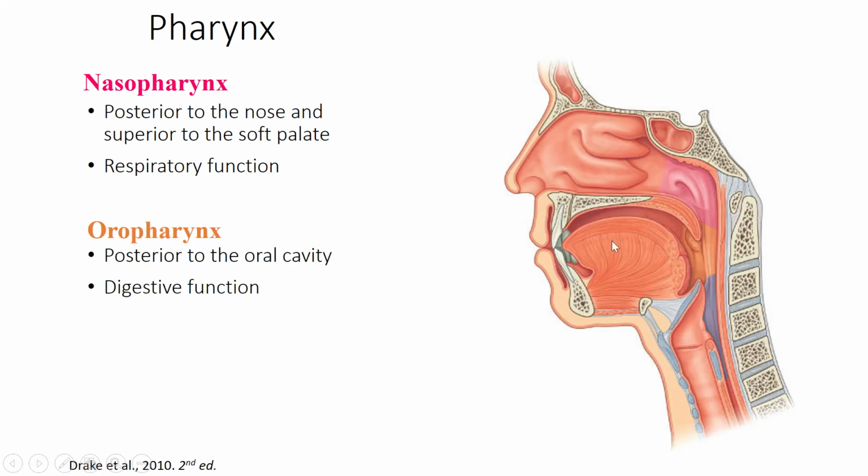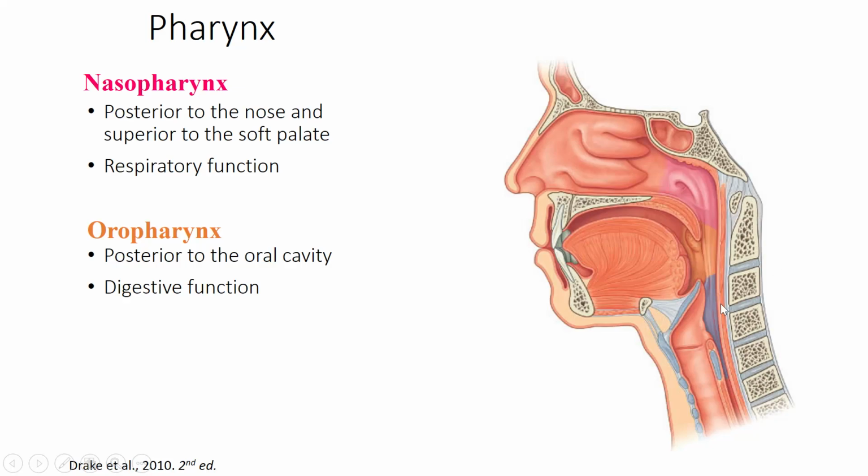The oropharynx is located posterior to the oral cavity, and will go from the tip of the uvula until the tip of the epiglottis. This part will have a digestive function.